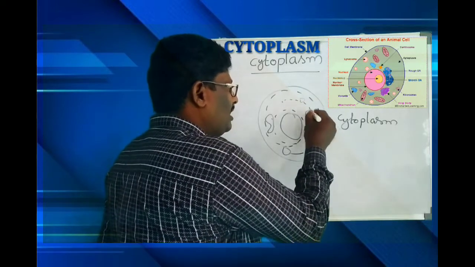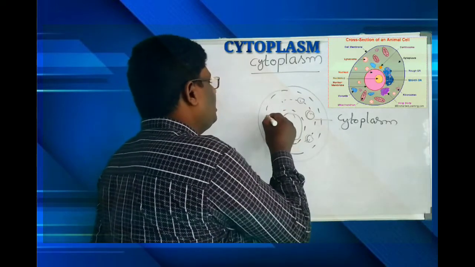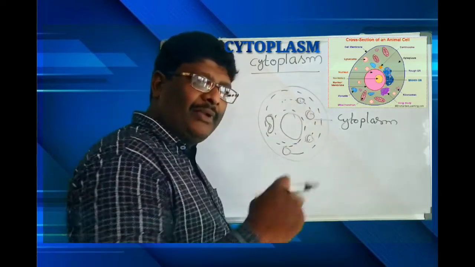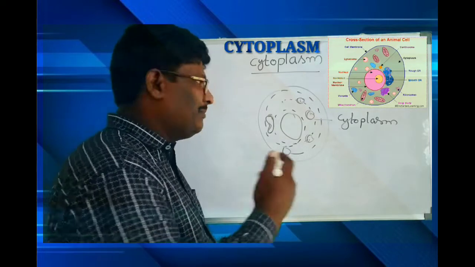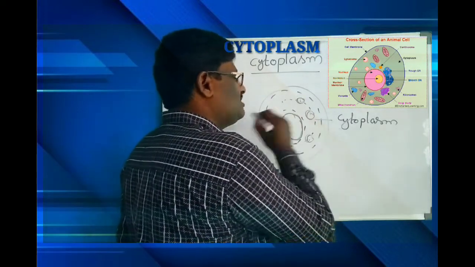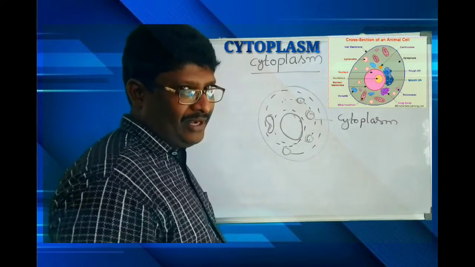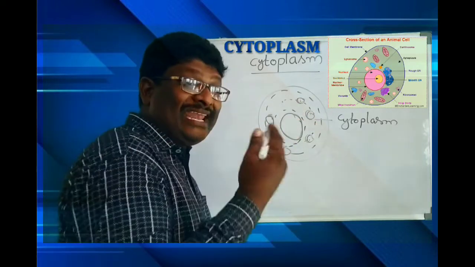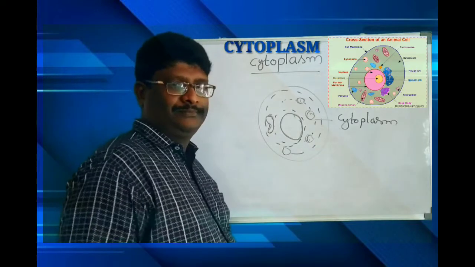Each cell organelle is covered by a membrane. It is enclosed with a membrane, even the nucleus. Already we saw the nuclear membrane. Likewise, the remaining cell organelles are also enclosed with a membrane.